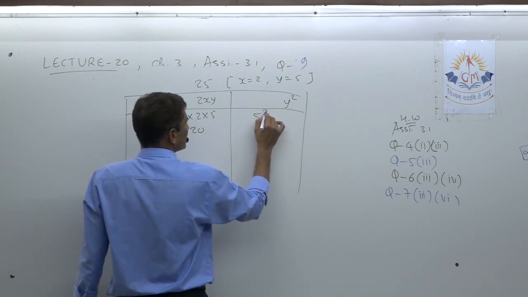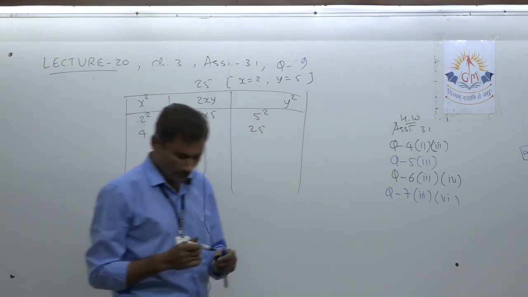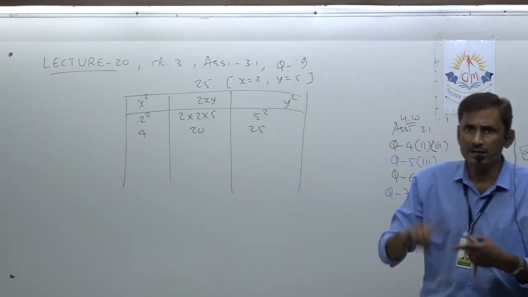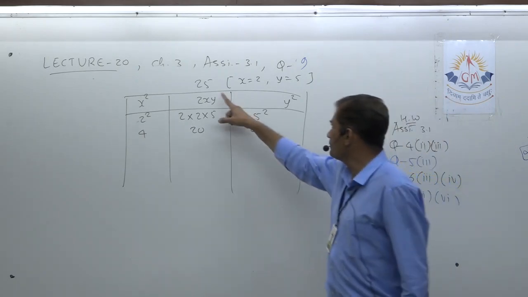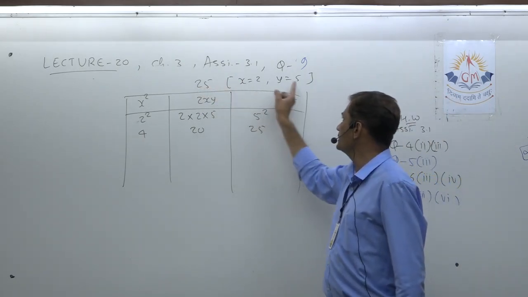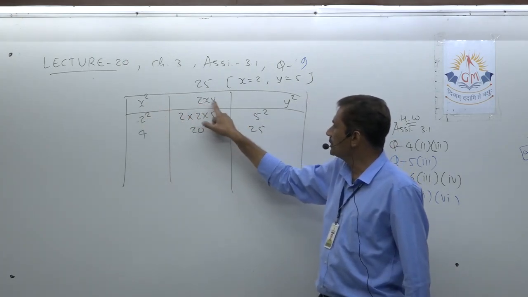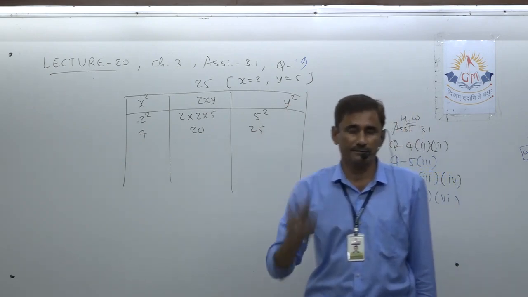Now y square means 5 square, 25. So I prepare 2 square, 2 into 2 into 5 and 5 square, because x is 2, y is 5.